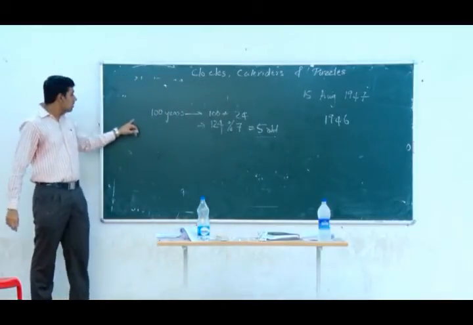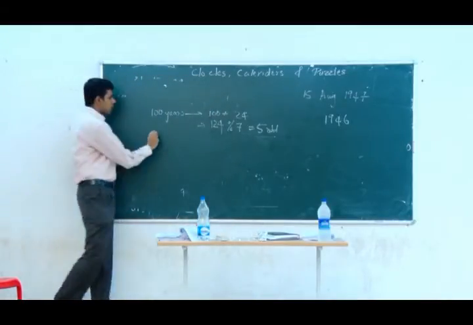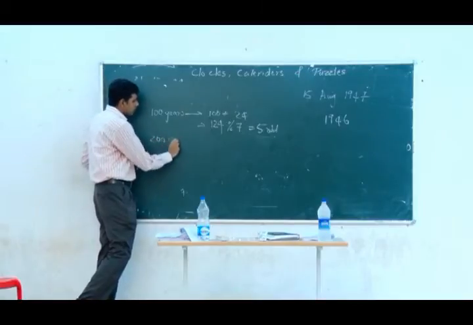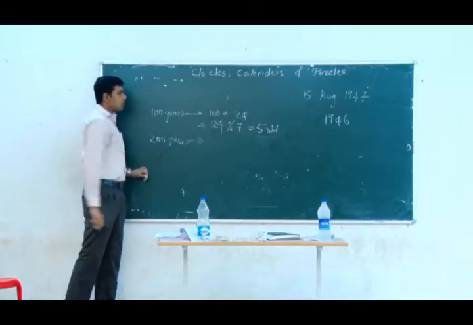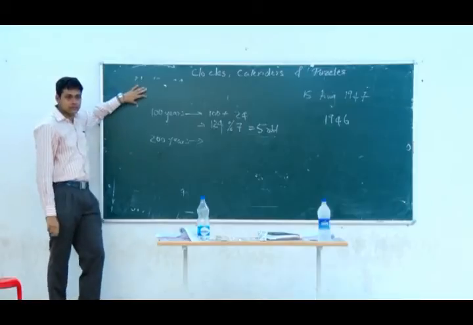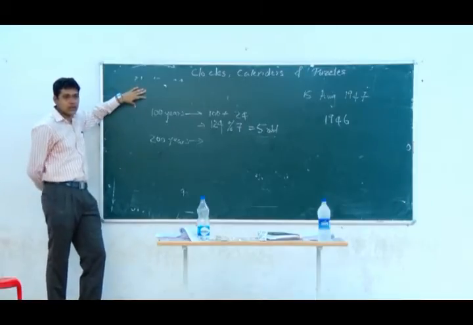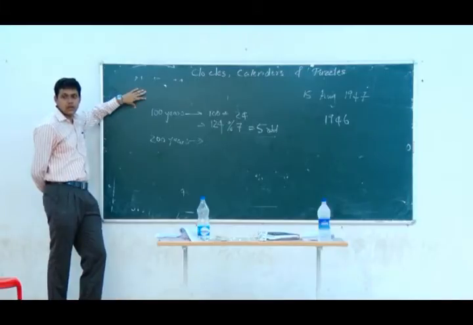Next we will do it for 200 years. For 200 years, how many odd days will there be? Again we neglect the 100th year and 200th year, so it will be 200 plus 48.